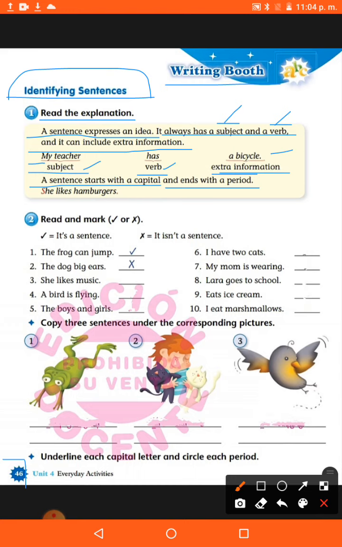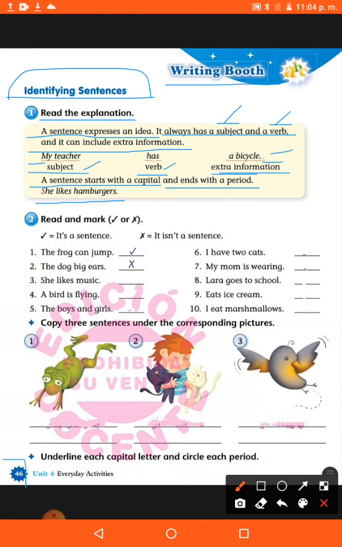So when you are going to write a sentence, the first letter must be a capital. Okay? And the sentence must end with a period. Here you have a period. She likes hamburgers.